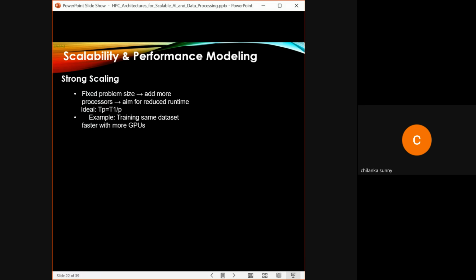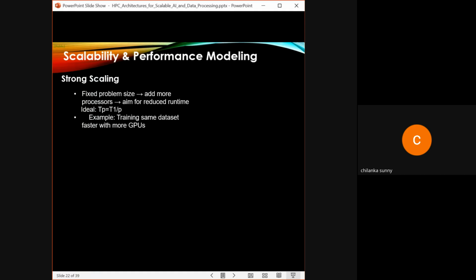That is, TP will be equal to T1 by P, where TP is the enhanced runtime, T1 is the original runtime, and P is the number of processing units added.